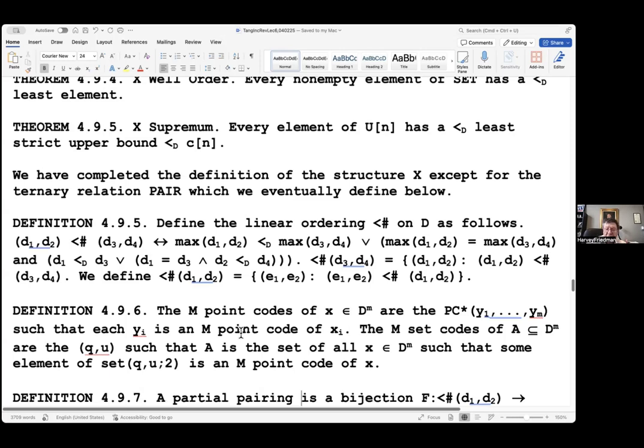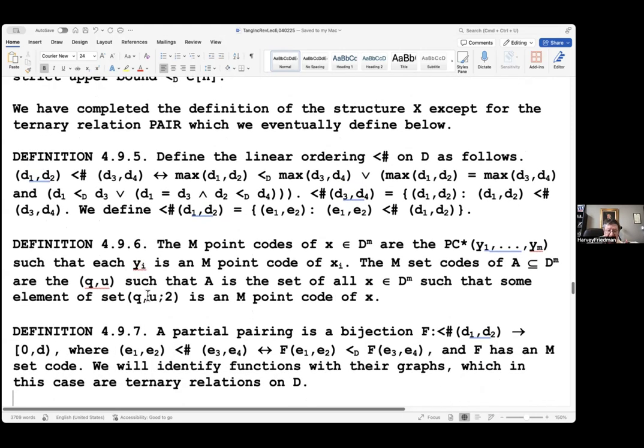Now, we have to address pairing. So we define the linear ordering less than sharp on D. This is Lexmax, really. This is lexicographic order when the two things have the same max. And the M point codes of X in this is a multiple form of stuff we already did.